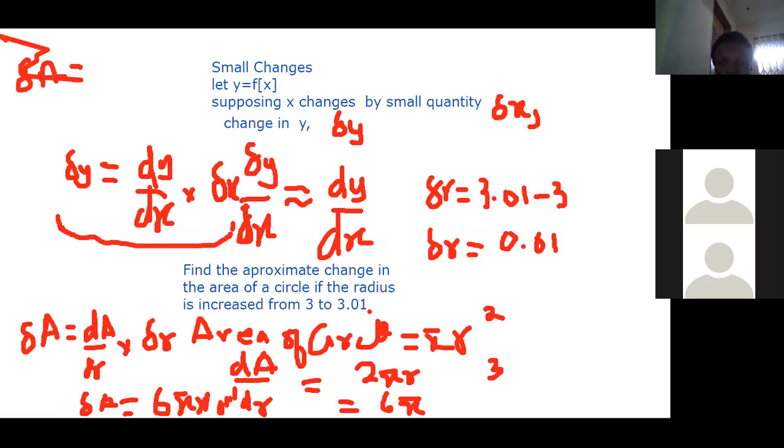So we are going to get 0.06 pi. You can leave your answer in pi, or you can continue by converting pi to 3.14 and multiplying by this. Whichever way should be correct.